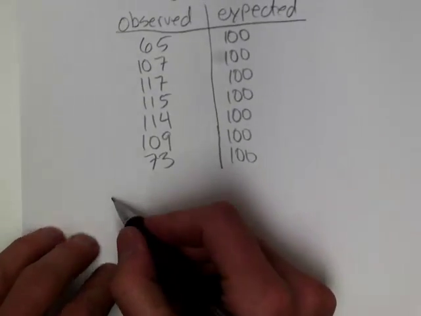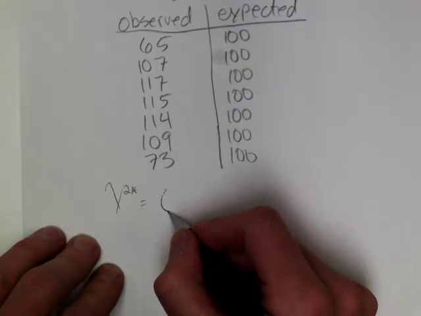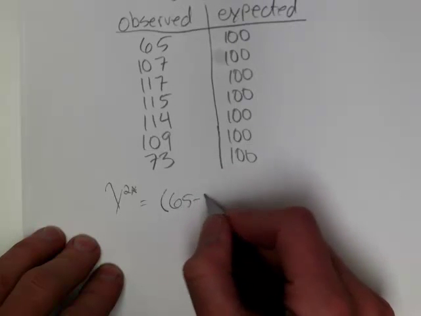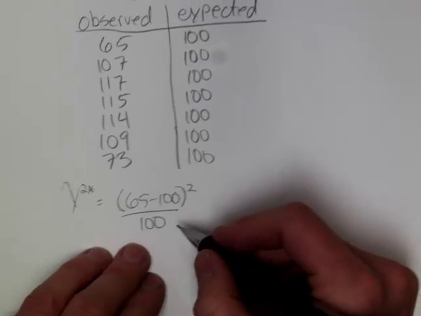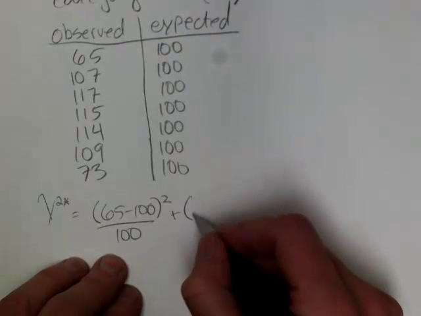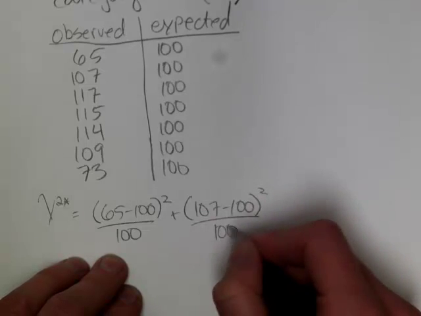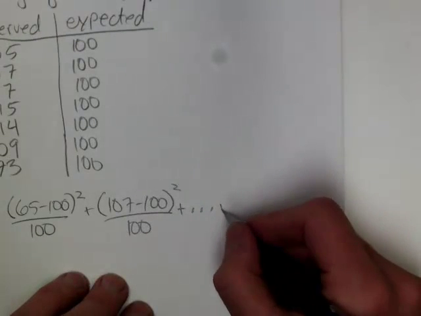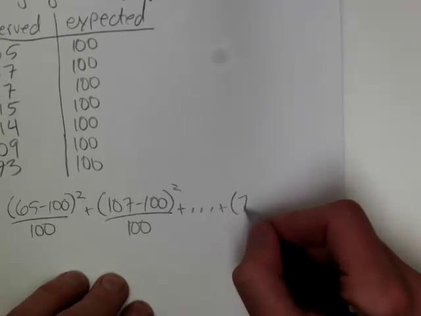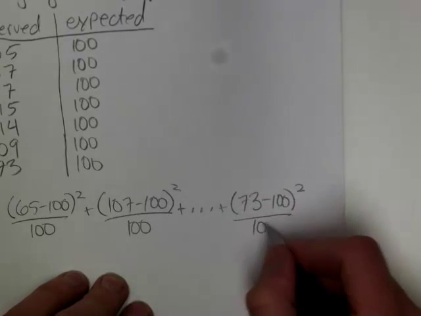If you wanted to do that by hand, you would have to write out (65 minus 100) squared over 100 for the first category, and then add it to (107 minus 100) squared over 100 for the second category, and so on, all the way down to the last category, which would be (73 minus 100) squared over 100.